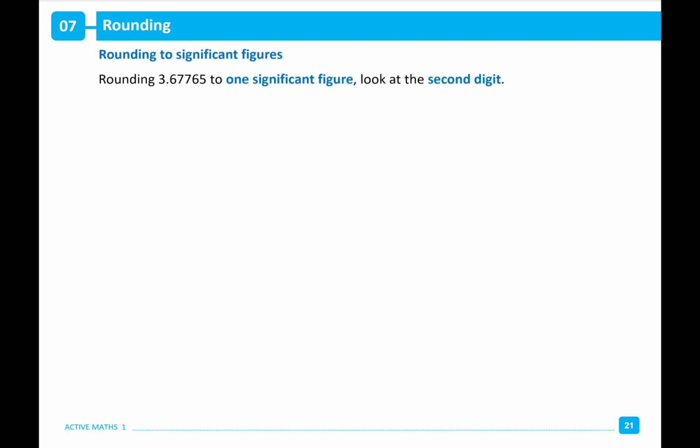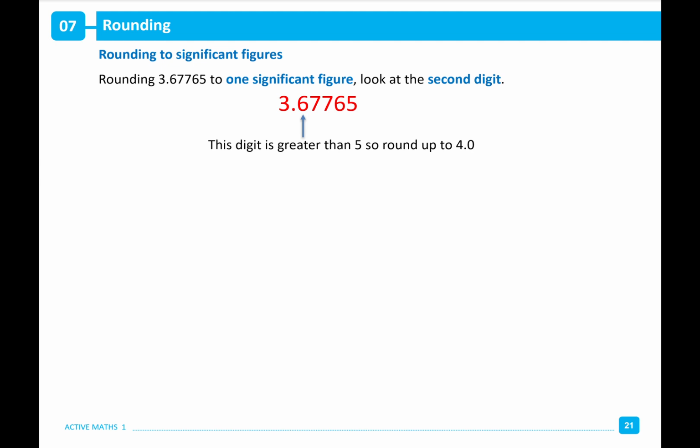We're given the value 3.67765, and we want to round it to one significant figure. This means we keep the first value and all of the other digits will go to 0. When rounding to one significant figure, we must look at the second digit.